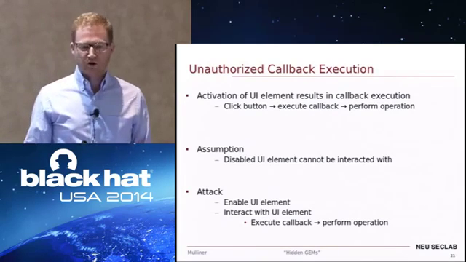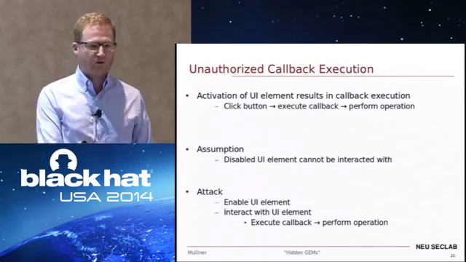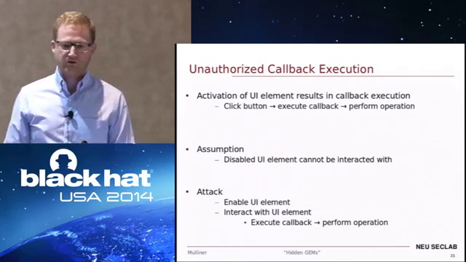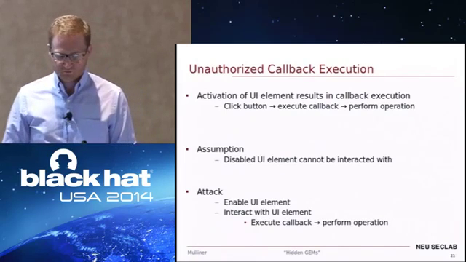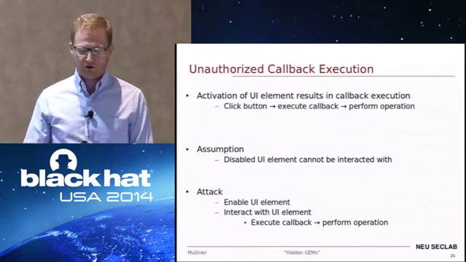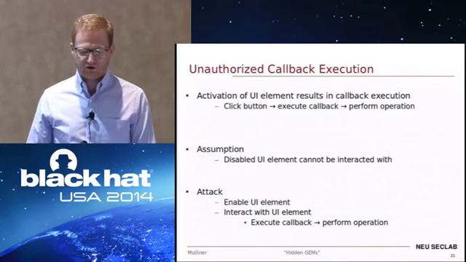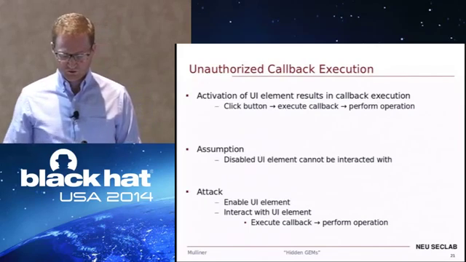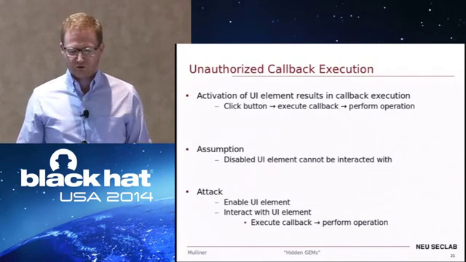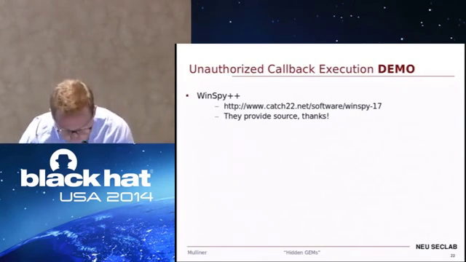Here developers really assume that if they disable that element, the user cannot interact with it and cannot have this code execute. The attack would be you enable the UI element, then interact with it, and that's how you get to execute the callback and perform whatever operation you wanted to perform.